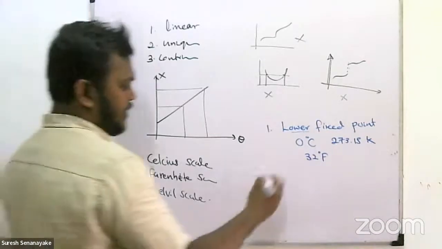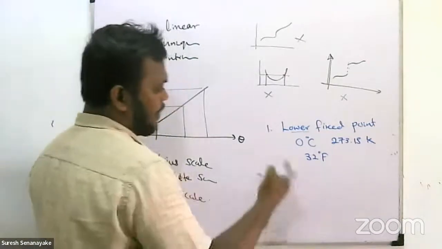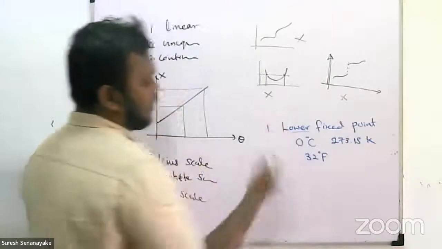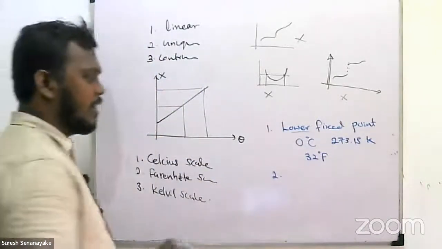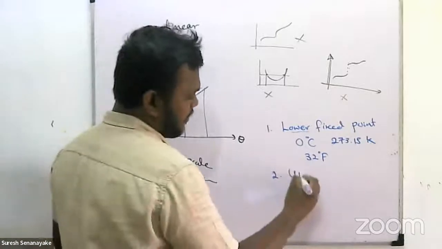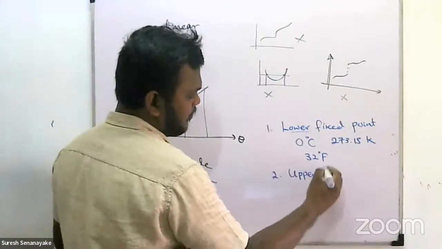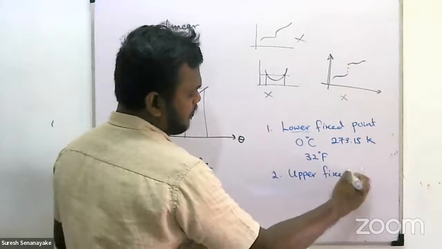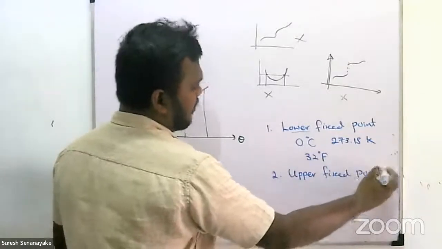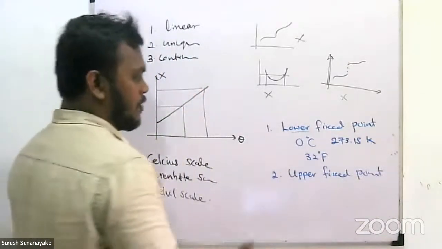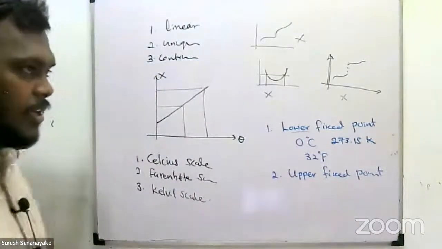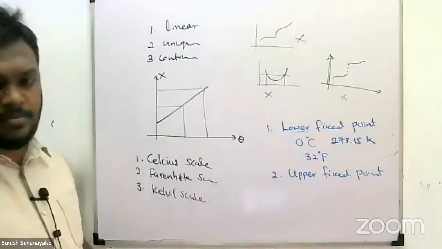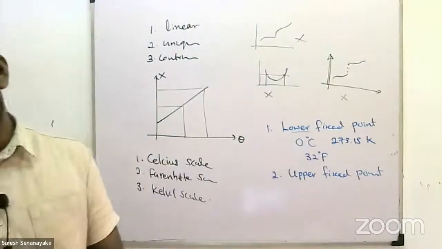And the next is the upper fixed point. You can achieve this lower fixed point anywhere, at any time. Right. And the second is the upper fixed point. We also call it the steam number or boiling number. So that is the temperature at which the boiling water and steam are in thermal equilibrium.